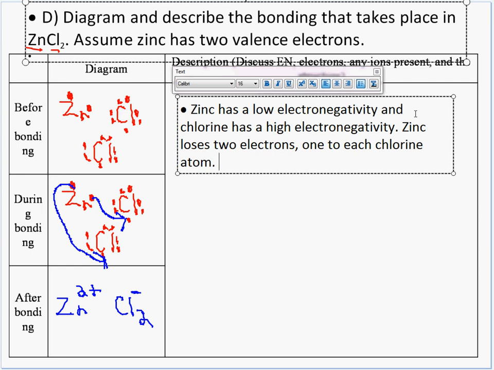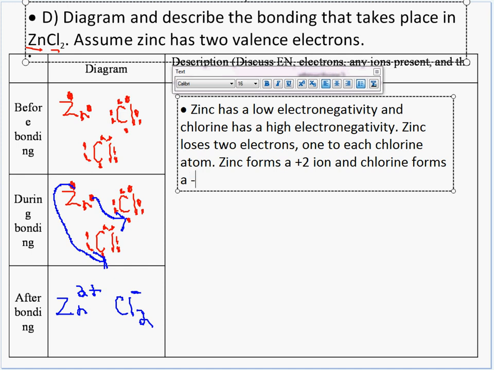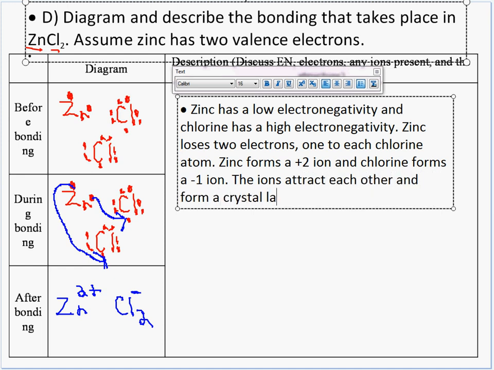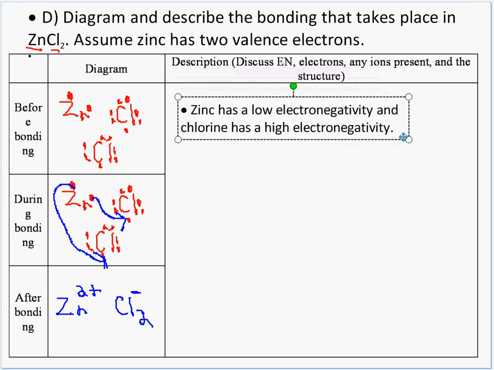It says discuss ions present. Say zinc forms a +2 ion, and chlorine forms a -1 ion. And then the structure, we can say the ions attract each other and form a crystal lattice, because this is an ionic bond, so that means we have a crystal.